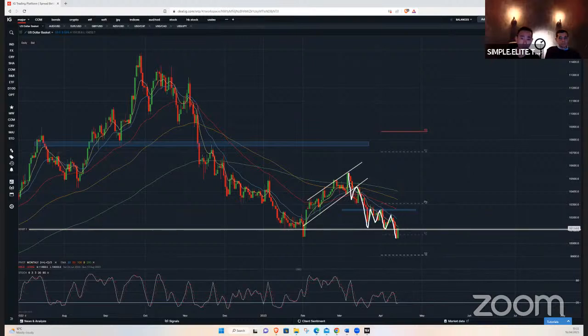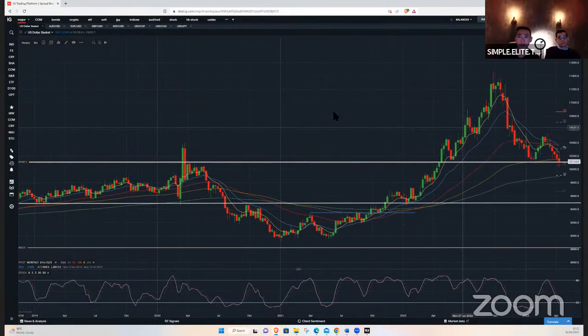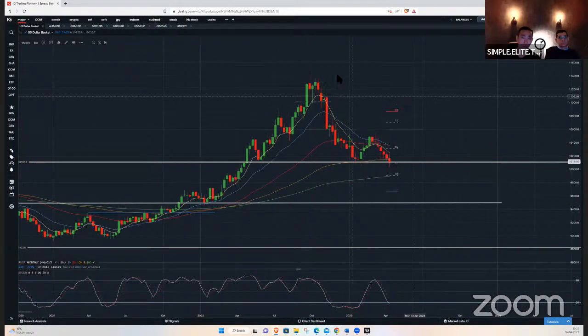I'm going to go up the time frames to weekly. Something I like about IG is when you go up a time frame, all my lines are gone, because sometimes I don't want too many lines, so that function is good. We have a downtrend on the weekly, double top, lower high. This is significant.